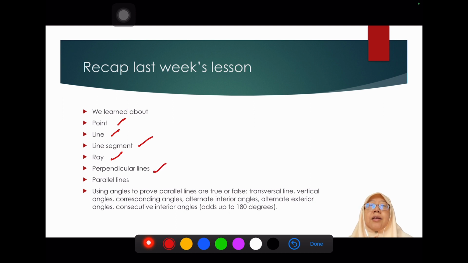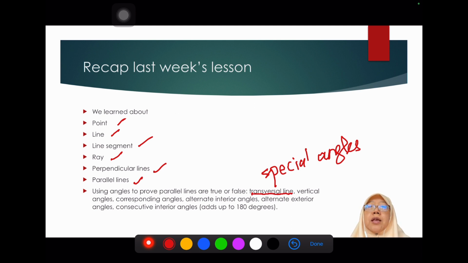And then under parallel lines, we use transversal line and different or special angles to determine whether the parallel lines that we drew are really parallel lines.